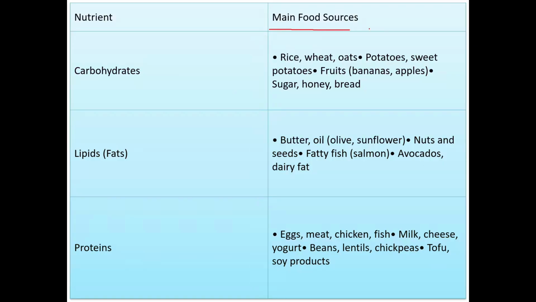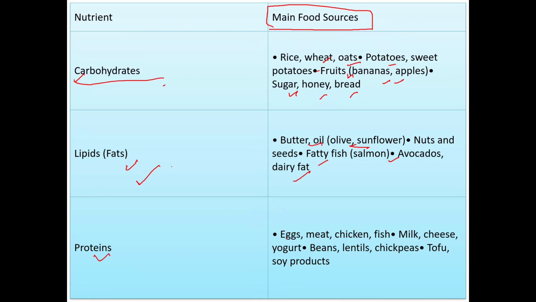What is the main food source of each micro and macronutrient? For carbs, we gain carbs from rice, wheat, cereal crops, basically oats, potatoes, sweet potato, fruits, banana, apple, sugar, honey, bread, etc. For lipids and fats, butter, oil, all the oily things give lipids, fatty fish, avocados, dairy fat.